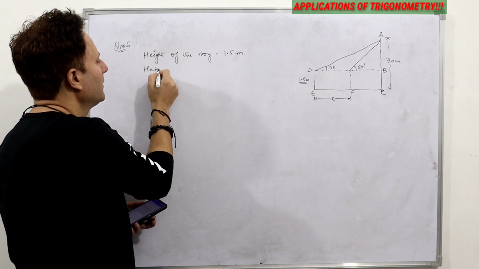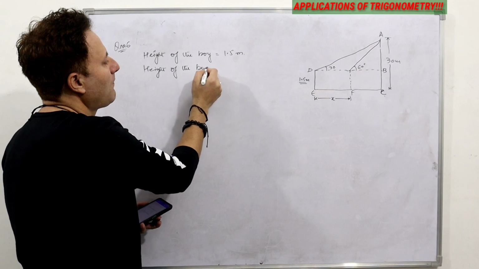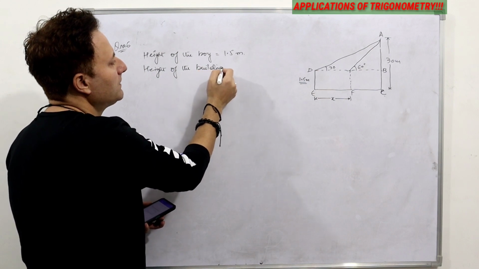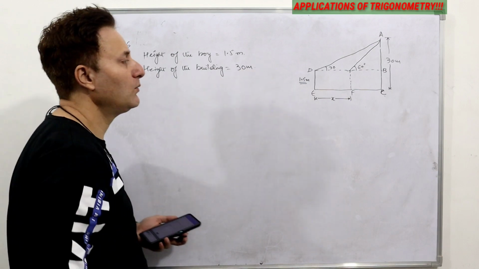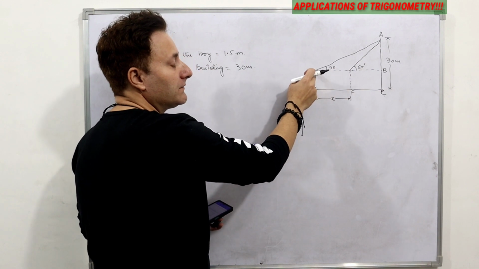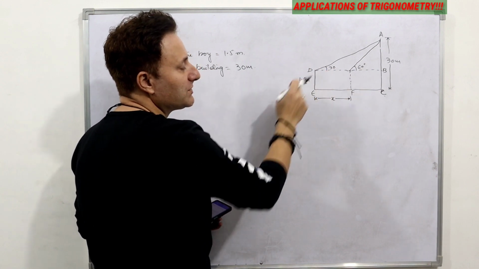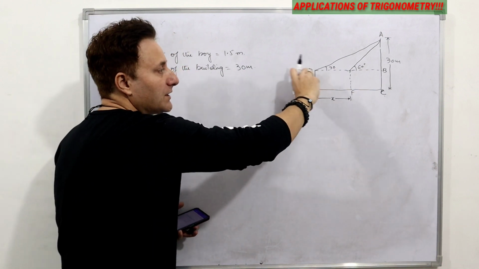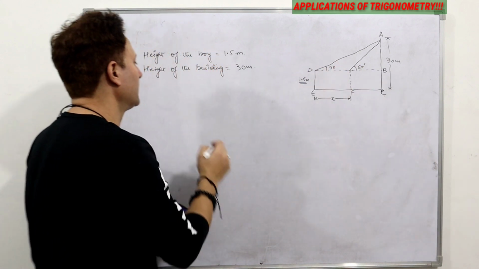Then height of the building is 30 meter. Now when I am looking at the angles here, we are looking at the place which is at D. So this means this has to be subtracted from this. That's the reason we will take this as angle.